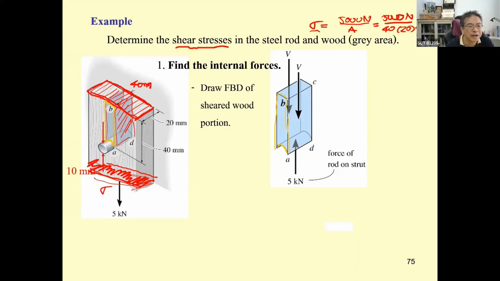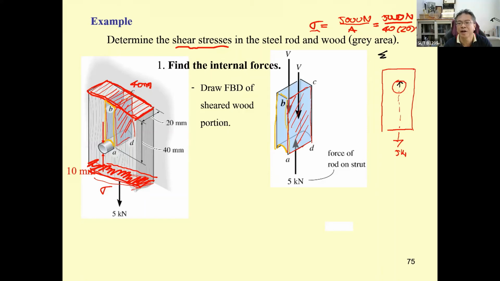Then we take this red portion, and then there are two surfaces taking care of the 5 kilonewton. If you draw this portion again, this is 5 kilonewton passing through the centroid of the section, and this one will be balanced by the force over here.